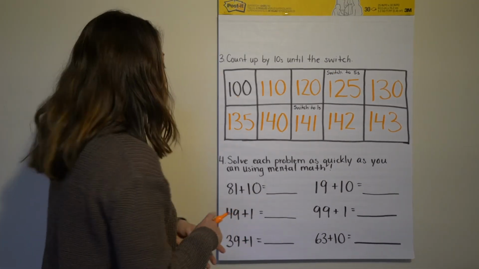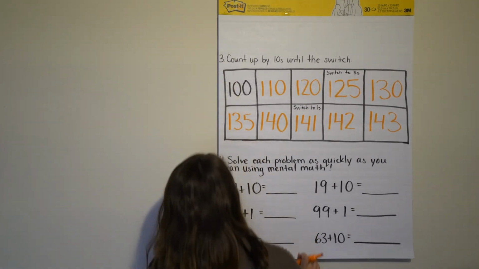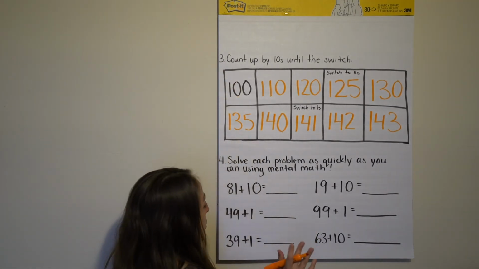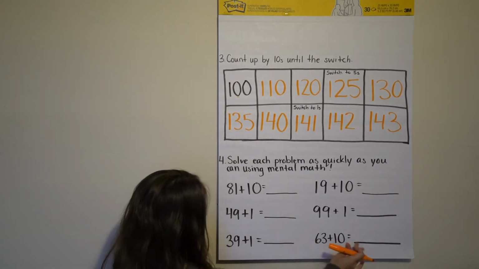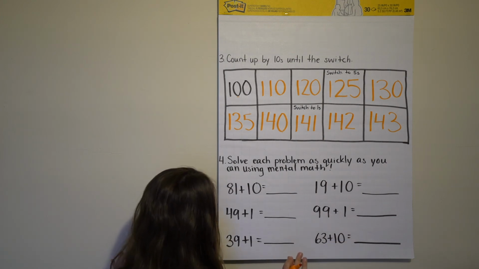All right, so hopefully you finished. If you didn't, it's totally fine, but your goal is when we keep doing these that you can get to the end before the time runs out.